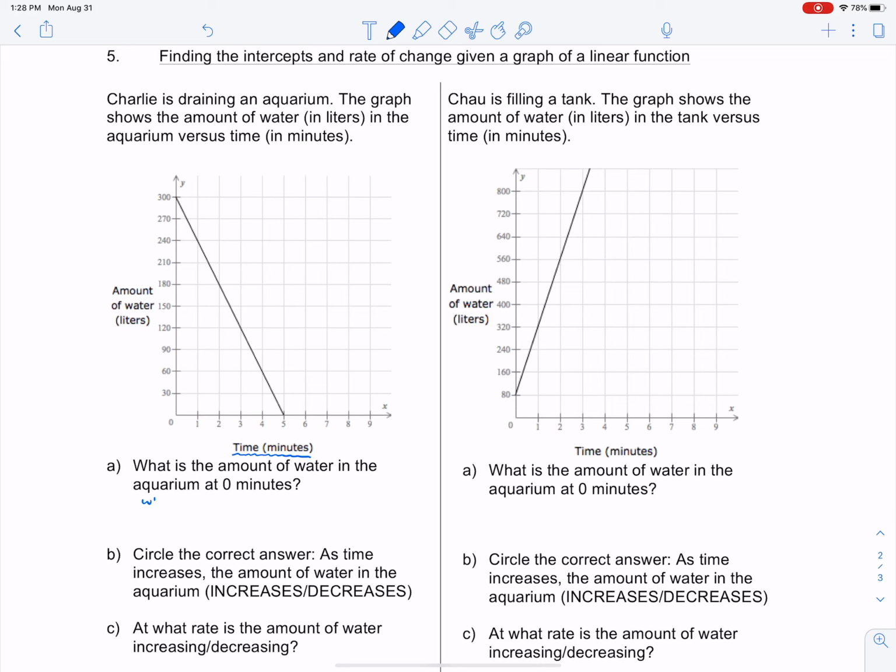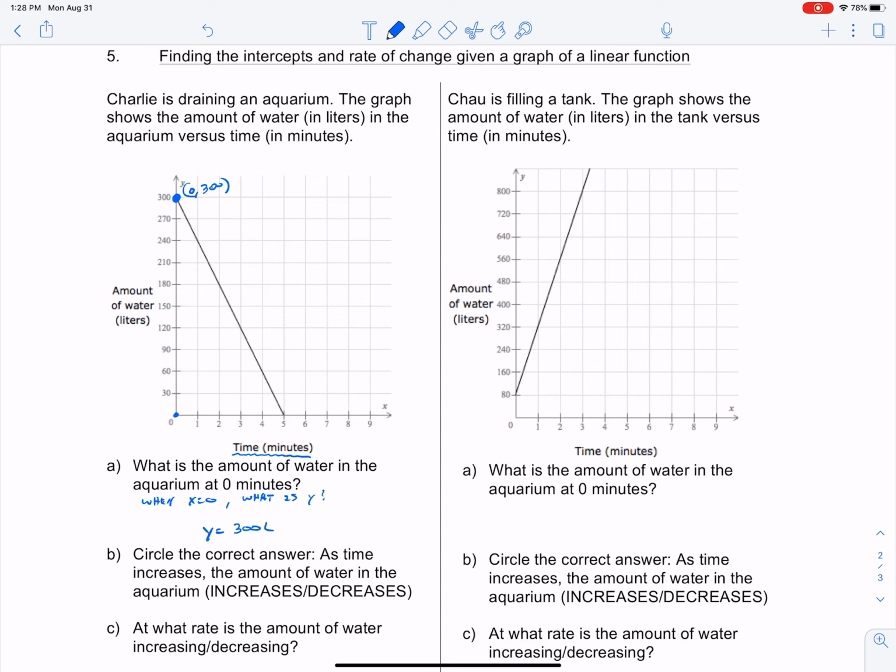So when my x is equal to 0, the question is, what is y then? If I'm here on the x-axis, technically I'm at the origin, but I'm at 0. Where's my amount of water? It's way up here, and it's in liters. So my y is equal to 300 liters. You can also write this as 0, 300, right? Because your x is always the first number, and then your y is the second number. So your x is 0, the y is 300.